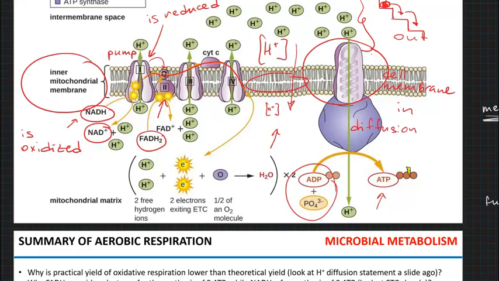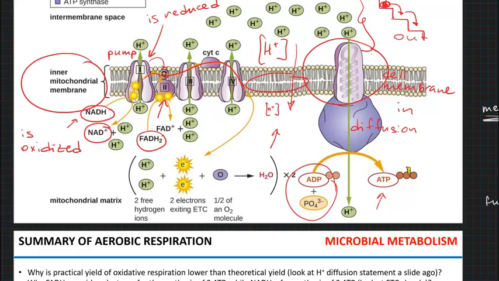So some of the hydrogens that are pumped across the membrane bypass the ATP synthase and are essentially useless. So both this and the use of some ATP in the entire process contribute to the fact that it's not 38, it's less than that. Still pretty good.